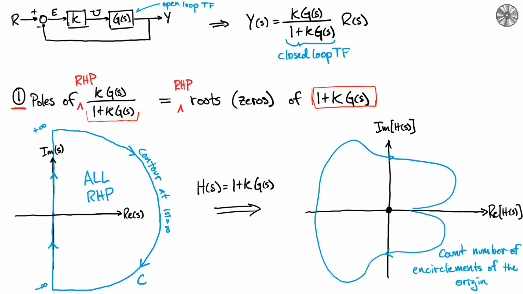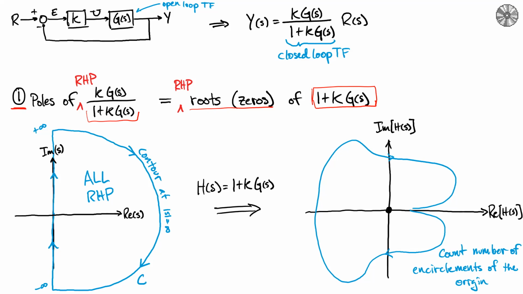So whenever it's 0, that means that s is a pole of the original closed loop transfer function. So it's actually the roots or the zeros of 1 plus kg that gives us information about the poles of the closed loop transfer function. And for stability, we're really interested in right half plane poles, because those are the ones that are going to create an unstable system.